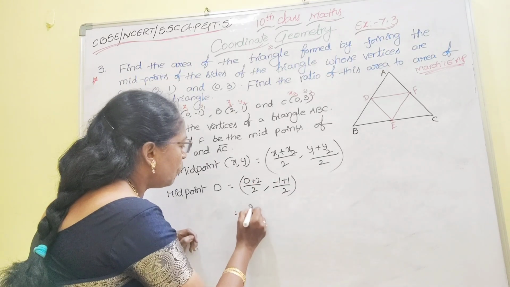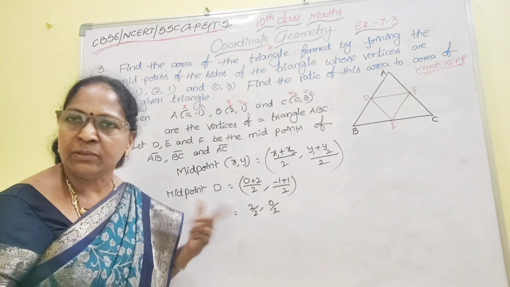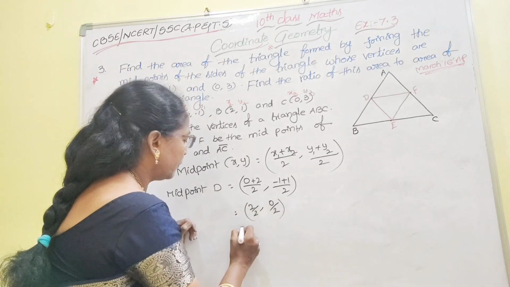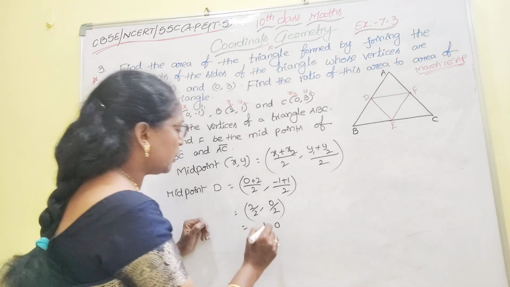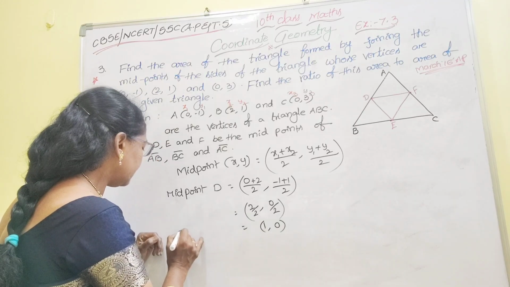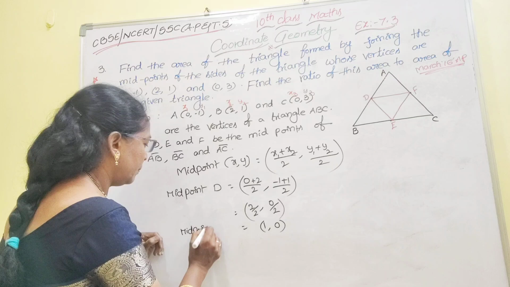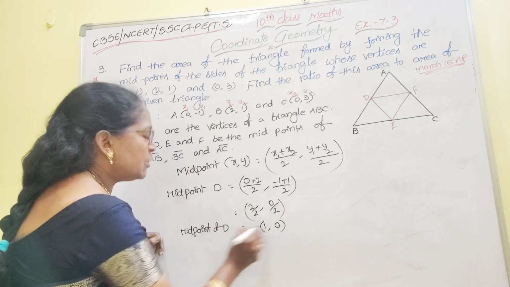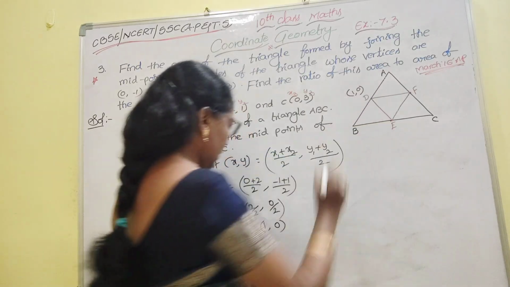That equal to 2 by 2 comma 0 by 2. Minus 1 plus 1 equal to 0. So 2 by 2 equal to 1 comma 0 by anything equal to 0. So midpoint D equal to 1 comma 0.